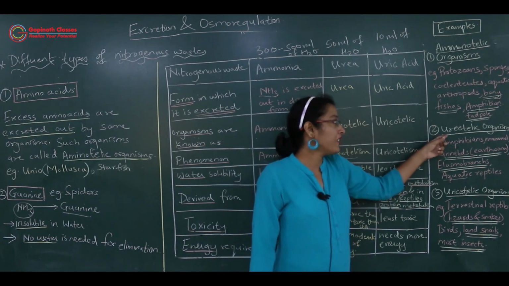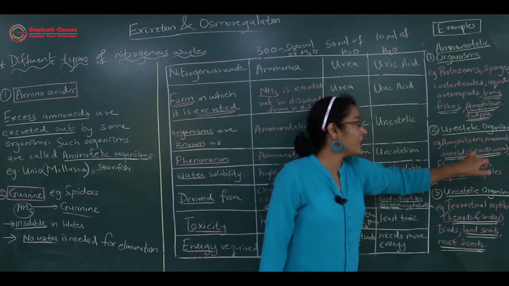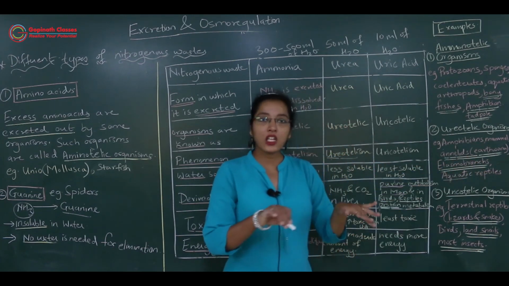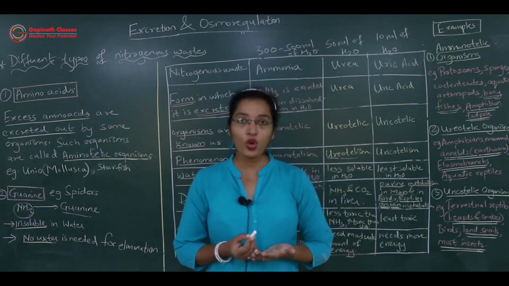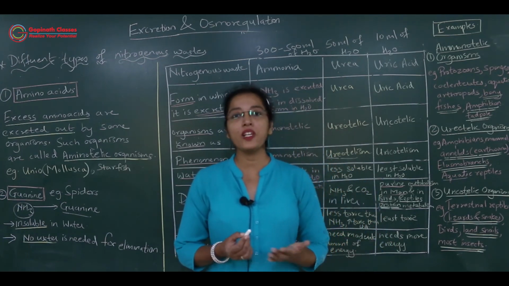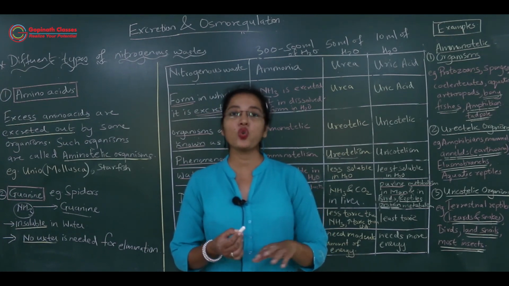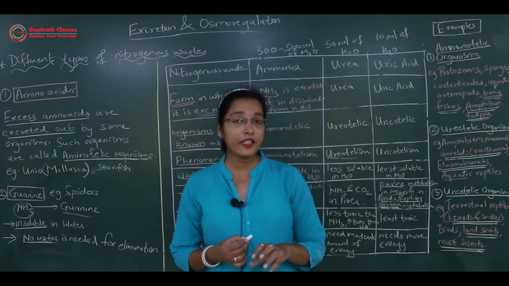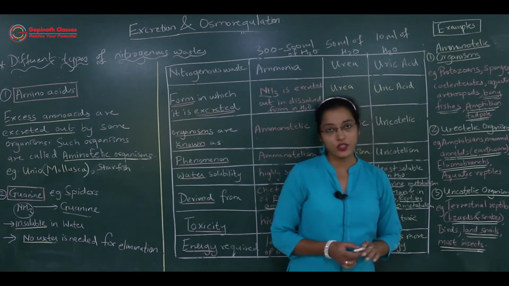Okay, and urea excrete करने वाले कौन से? Adult amphibians, mammals, annelids such as earthworm. Earthworm, when the surrounding soil has more water, then earthworm will excrete ammonia as nitrogenous waste. And if the soil has less amount of water, in that case earthworm will excrete urea as nitrogenous waste.